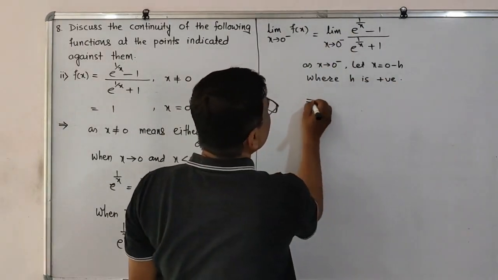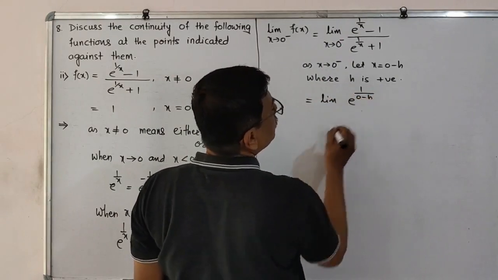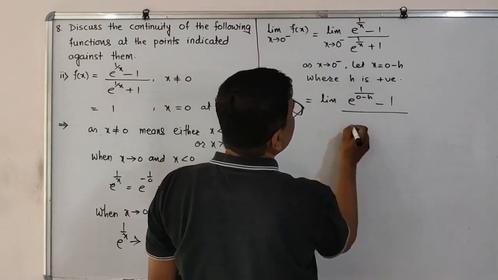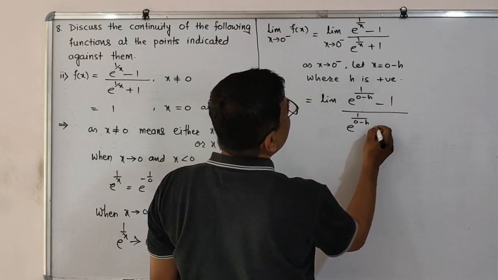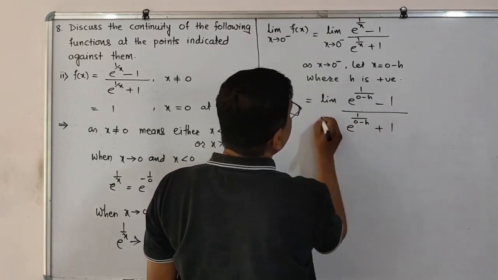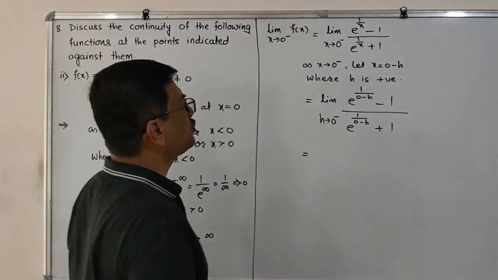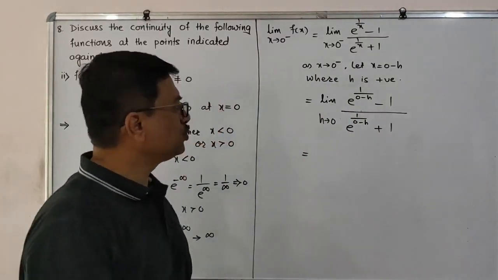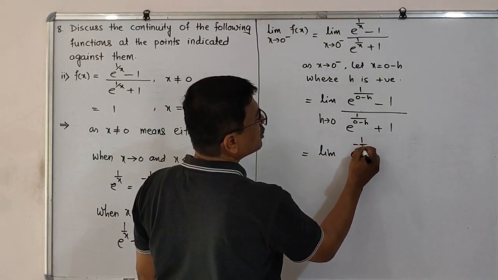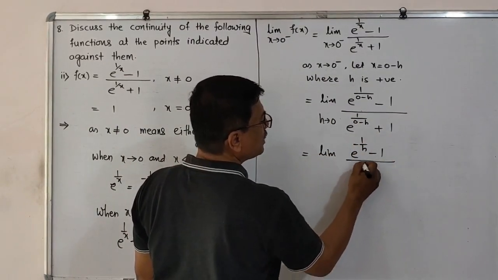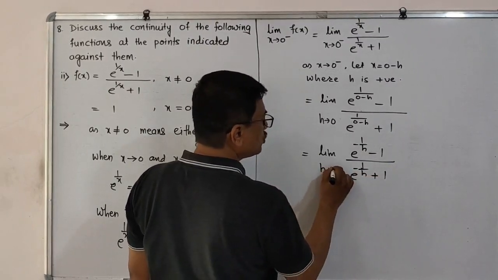Means we can write it as limit of e raised to 1 upon 0 minus h minus 1 divided by e raised to 1 upon 0 minus h plus 1 as h tends to 0, which becomes limit of e raised to minus 1 by h minus 1 divided by e raised to minus 1 by h plus 1 as h tends to 0.